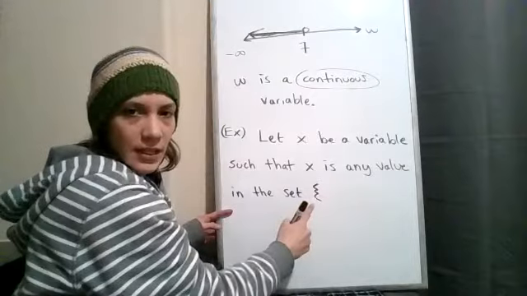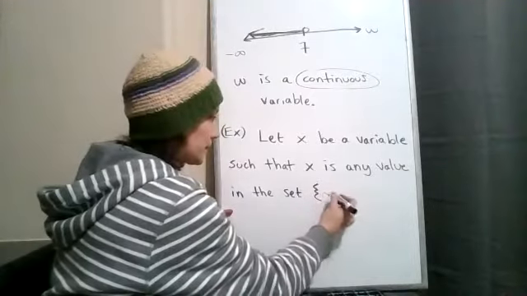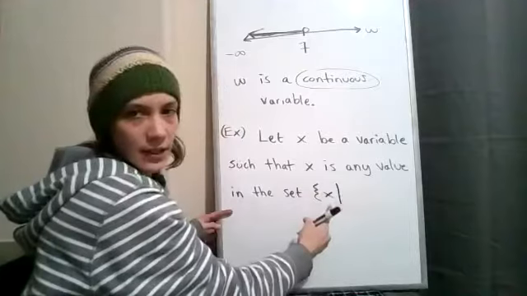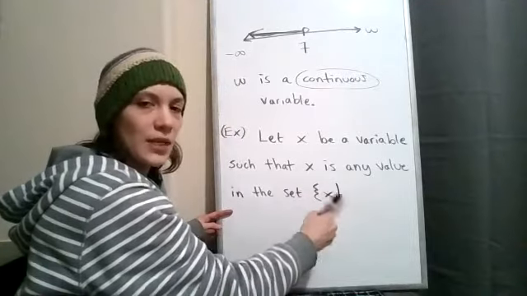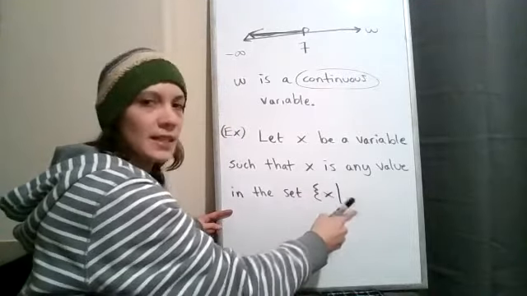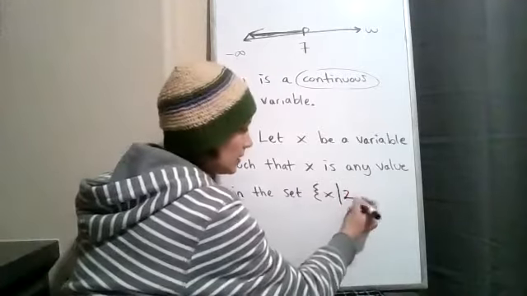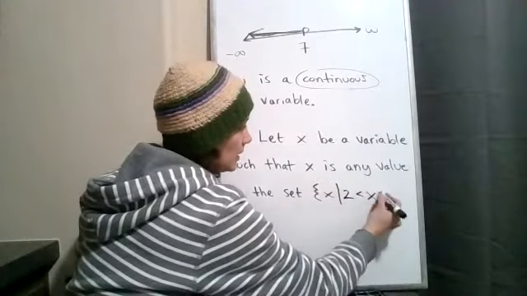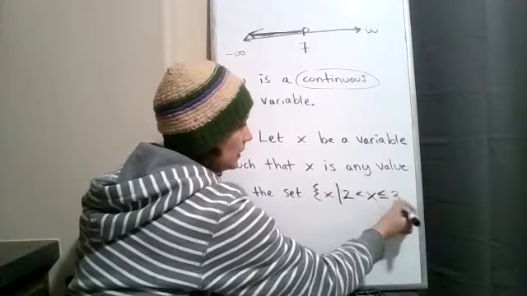So your set starts and then your x values such that 2 is less than x and x is less than or equal to 3. 2 less than x less than or equal to 3 equals the set.